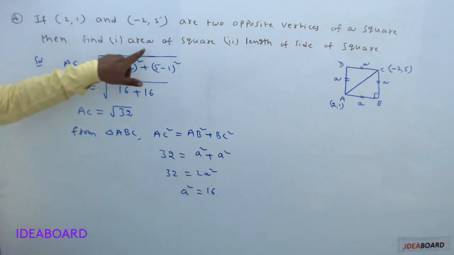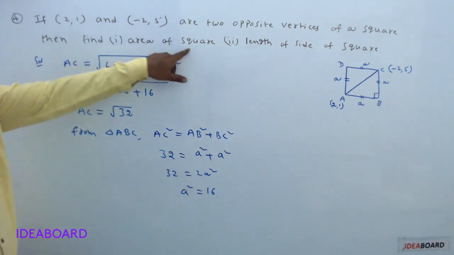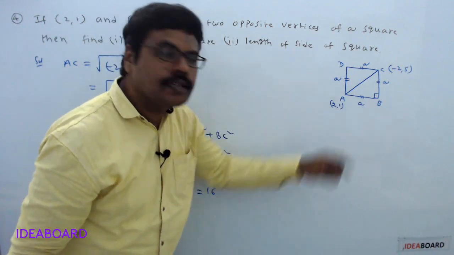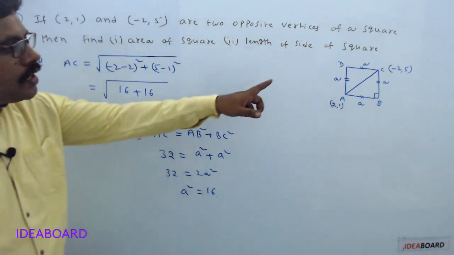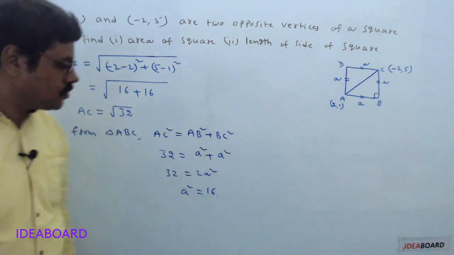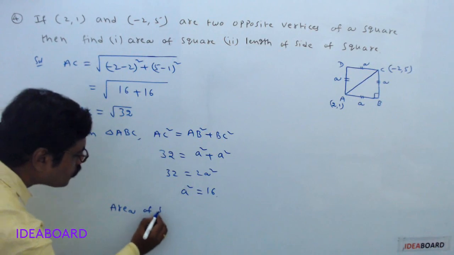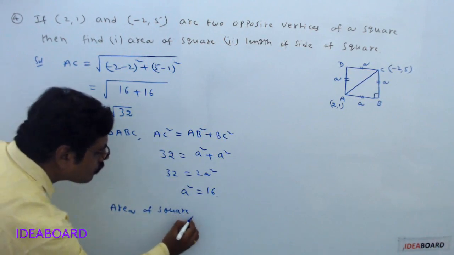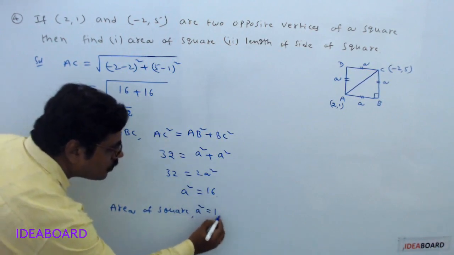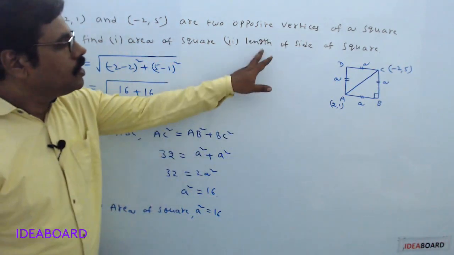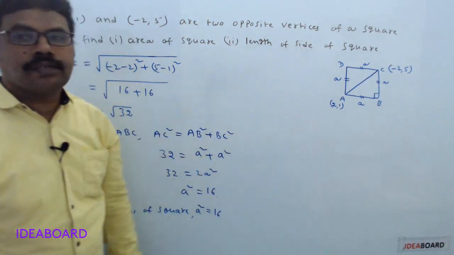Now, what is our requirement? Area of a square. Here, small a denotes the length of the side. So the area of a square is nothing but a square. Therefore, the area of the square equals 16. Then what is the next part? Length of the side of the square.